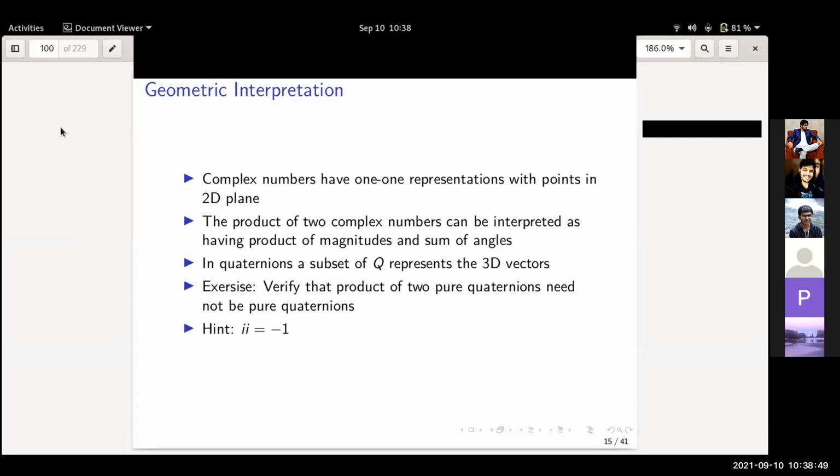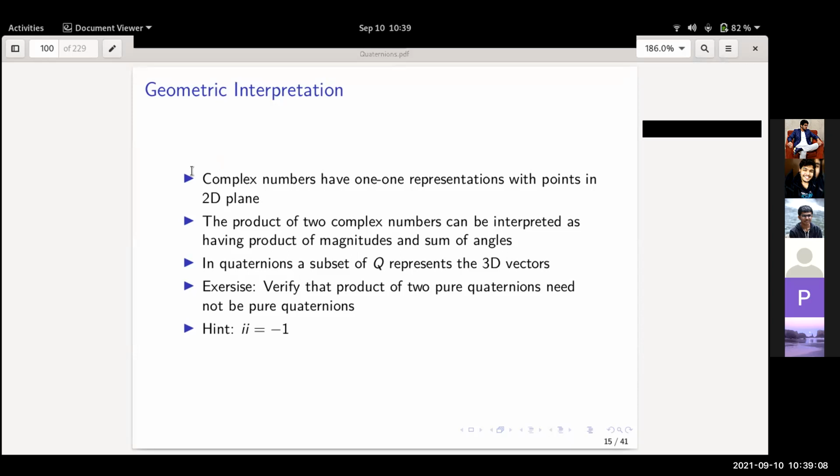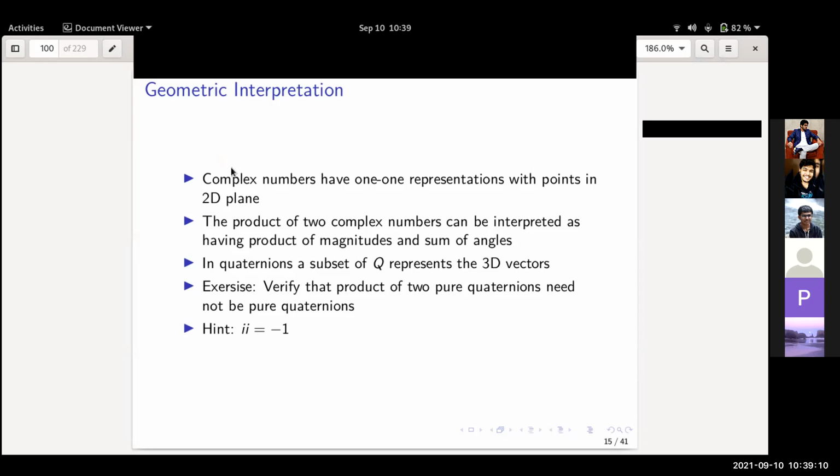Sir, instead of constraining the 3D vector to be a pure quaternion, can't we put a constraint on the norm, like the norm should be some constant? That is also possible, that's a good point. Right now we are exploring one particular case.